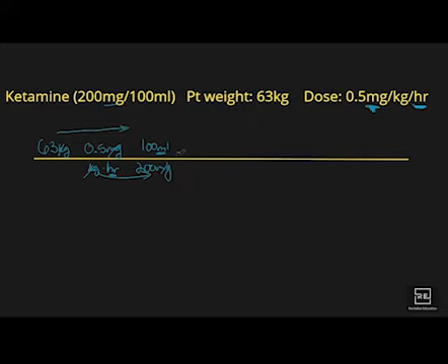And when you do that, that gives you 3,150 mLs per 200 hours. So once you cancel that down even further or simplify it further, you end up getting 15.75 milliliters per hour. And that's what your pump should be running at.